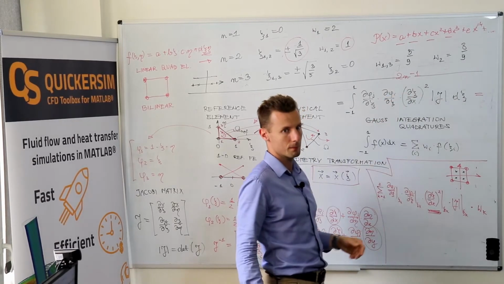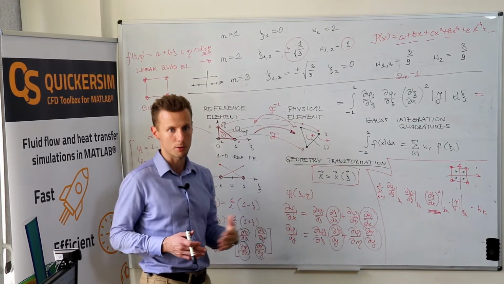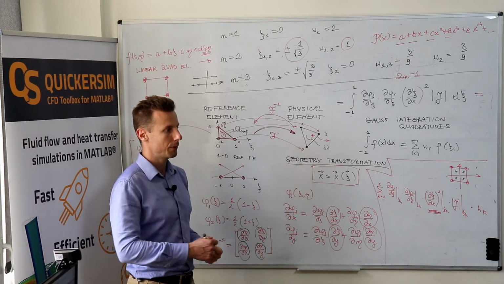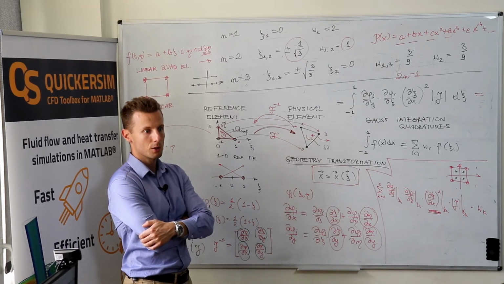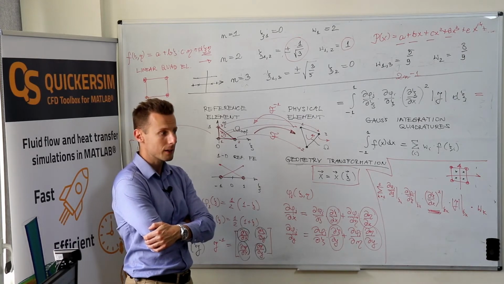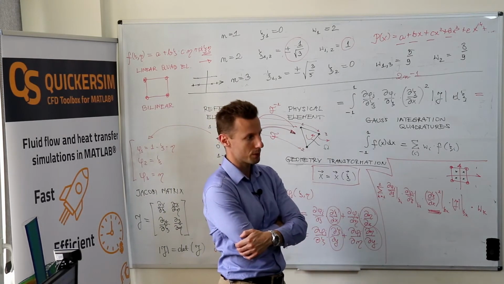How many? Exactly. 3 Gauss integration points in one dimension times 3 in the other one. If you use 9 points in a quad, you end up with analytically calculated values, although you've used a numerical procedure.